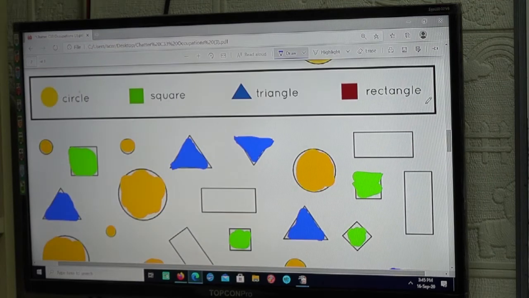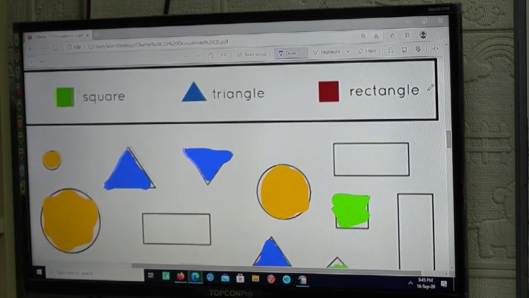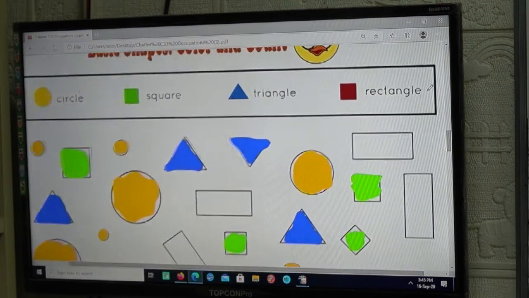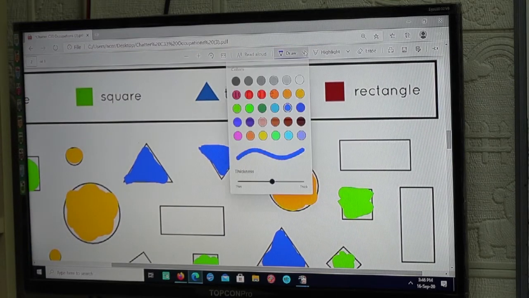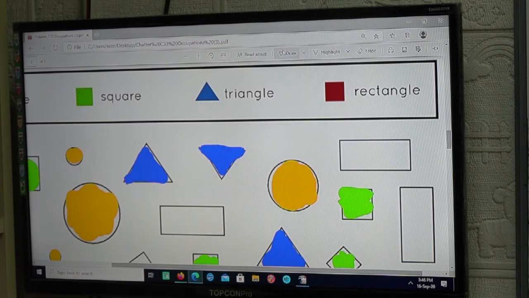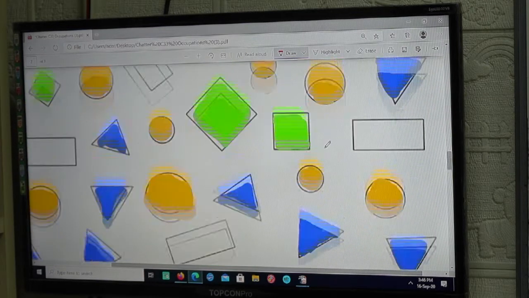What is the following shape over here? We call it rectangle. Rectangle. So grab your red color and color all the rectangles red.